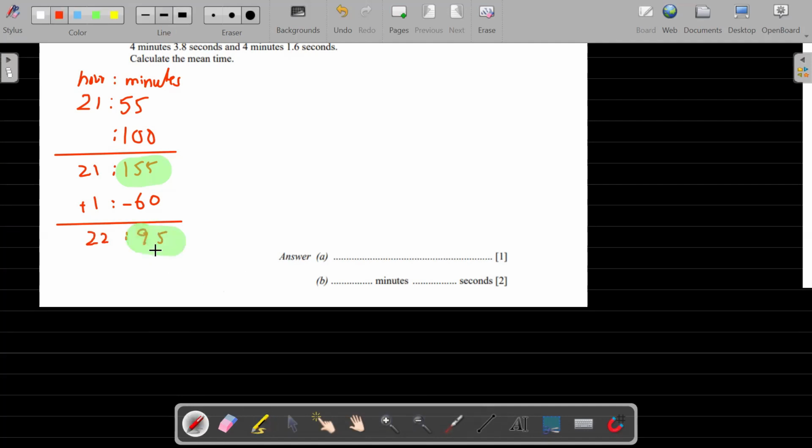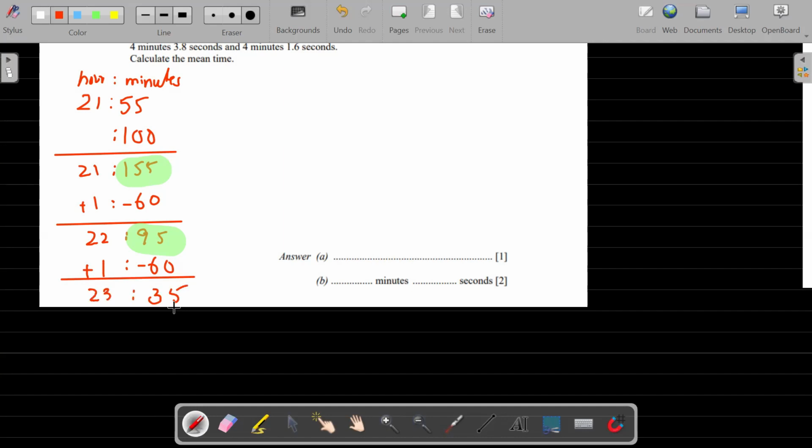So I told you before that we will subtract from the minute section until we get our minutes less than 60. Again, I will subtract 60 from it and add 1 in the R section. Then my answer will be 95 minus 60, which is 35, and the R section will be 23.